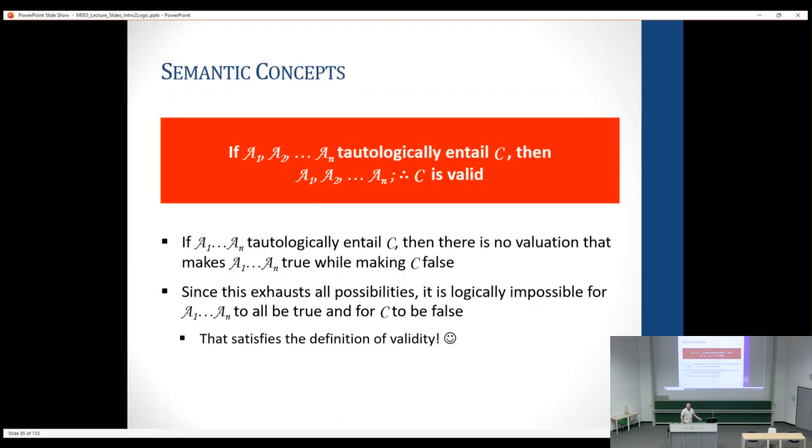It's just the therefore symbol. So again, if A1 through AN tautologically entails C, then the corresponding argument, where A1 through AN are premises and C is the conclusion, is valid. Nothing about it being sound, but whenever entailment holds, validity follows.